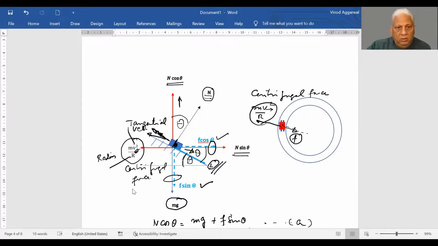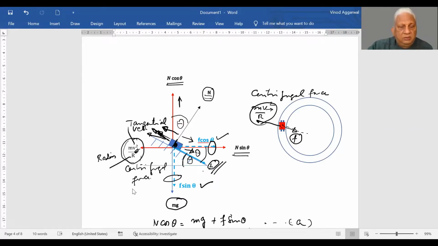Or if the velocity is too low, same thing can happen, because in that case the frictional force is not enough, or rather this mv square by r, which tries to push it upwards, is not sufficient to prevent it from going down. In that case, which way will the frictional force act? Since the body is trying to come this way, frictional force will act upwards.